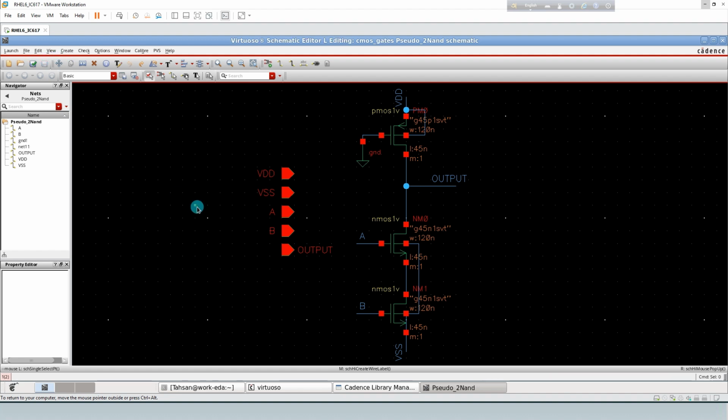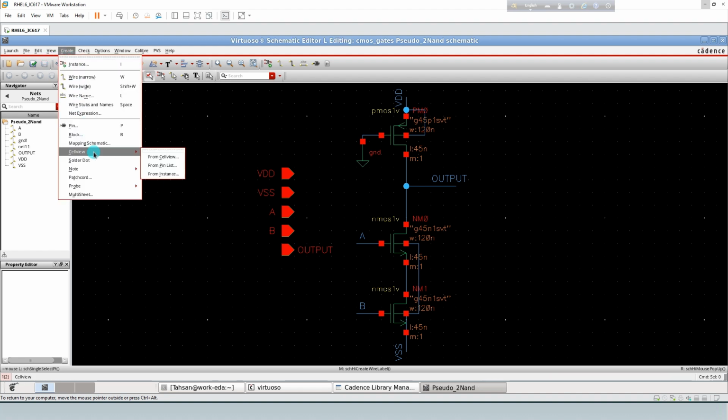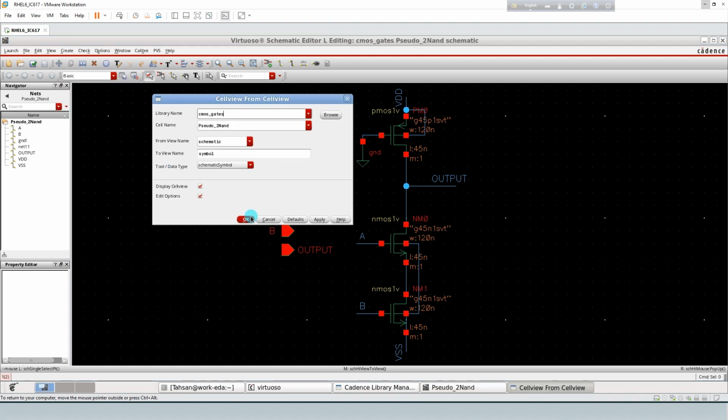Create a symbol based on the circuit diagram, to use this symbol to show the output response and use it later for another circuit design.